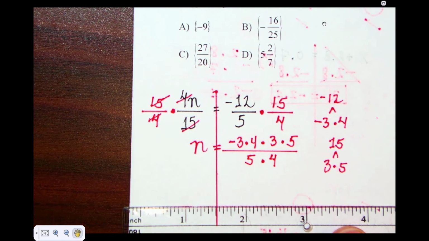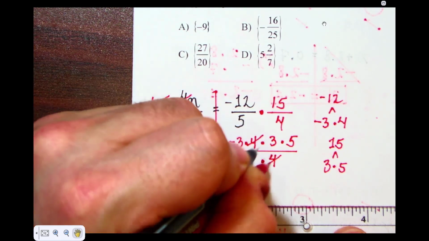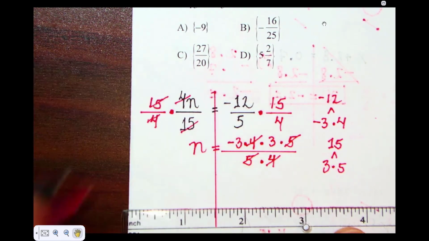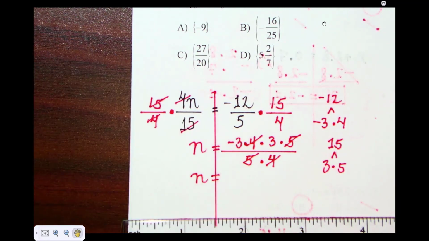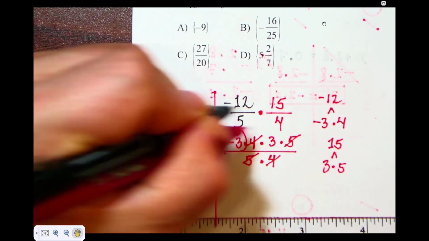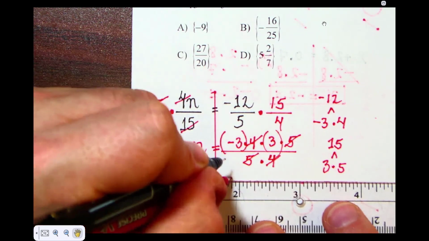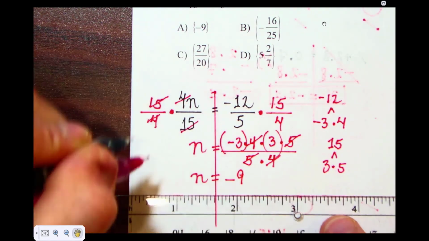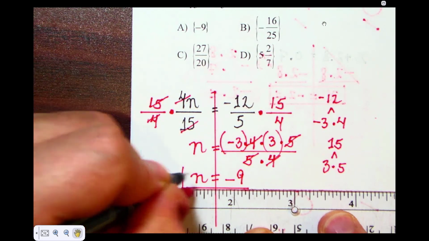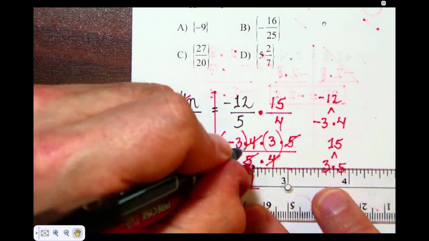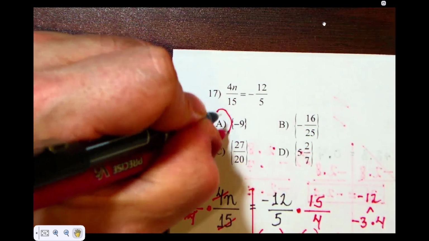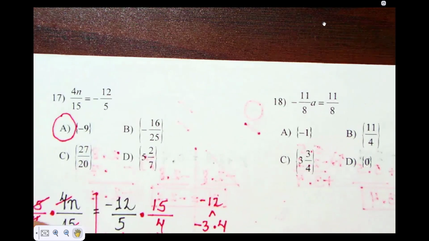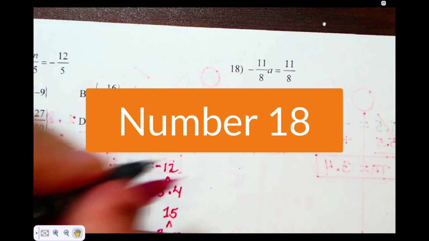Now cancel the 4's and cancel the 5's. So now n equals negative 3 times 3. Well, negative 3 times 3 is negative 9. So n equals negative 9. That's how I do that. Now, if you did it by doing it the really, really hard way, I'm sorry. Okay? Moving on to number 18.